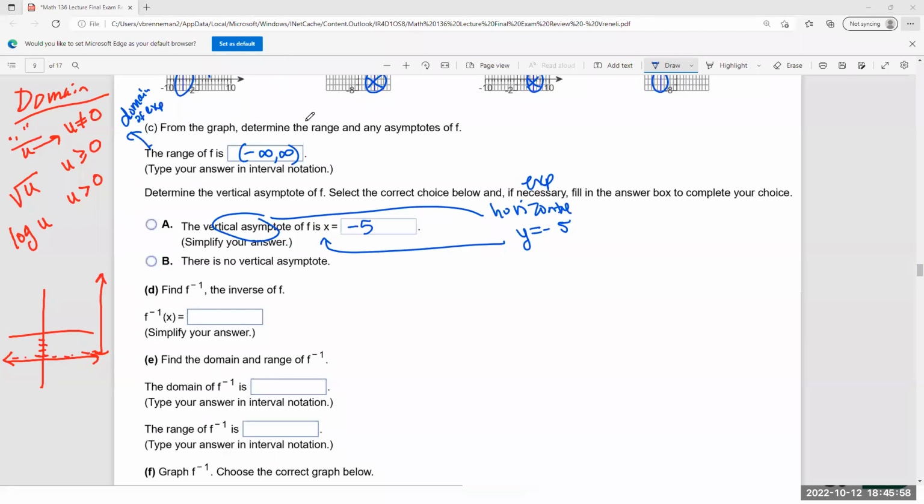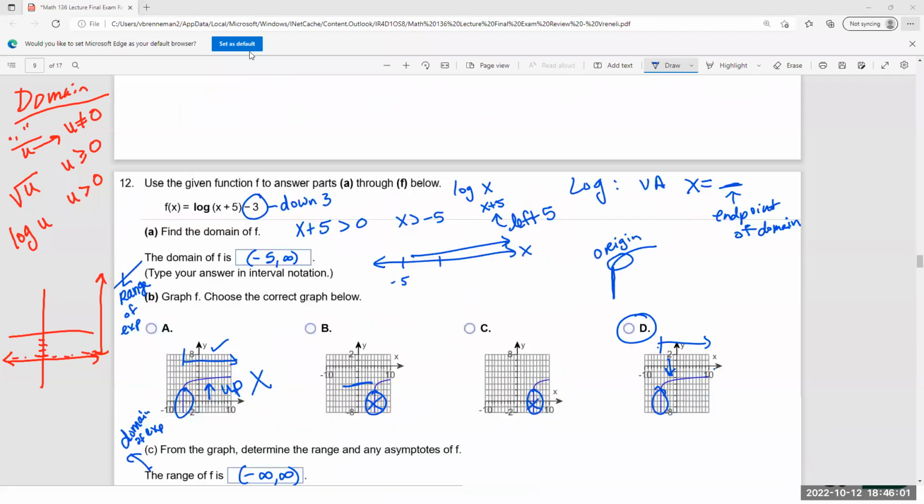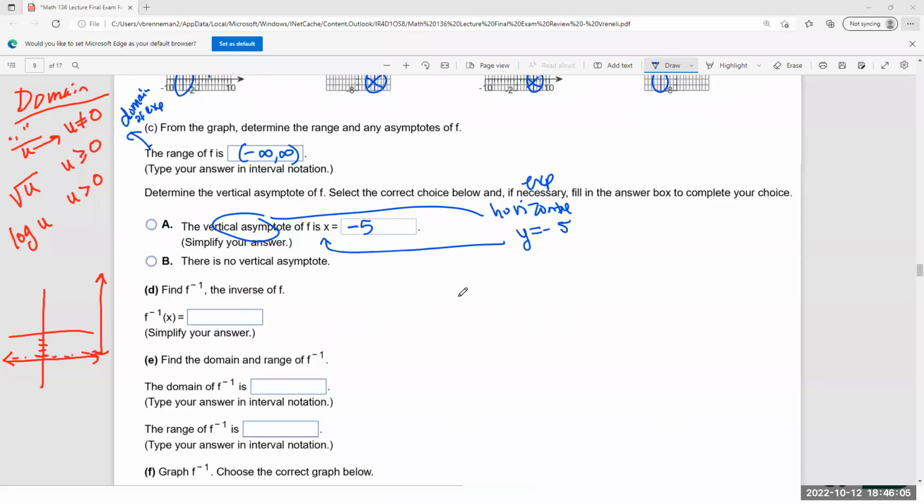To actually find the inverse function, there's two approaches. So we have log x plus 5 minus 3. So one approach is to switch x and y and solve for y.